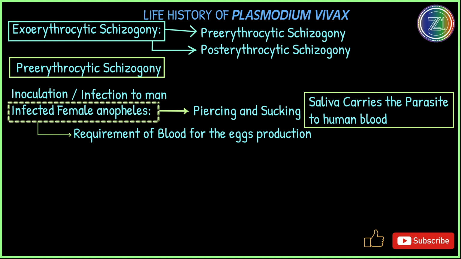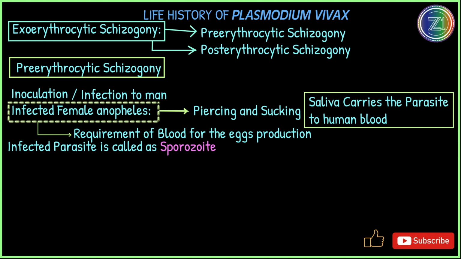The infective stage, the infective parasite, is the sporozoite. This is the starting point where our preerythrocytic schizogony is going to start.